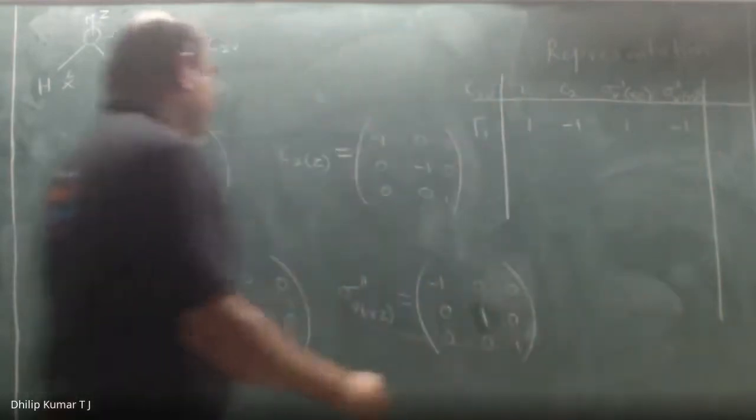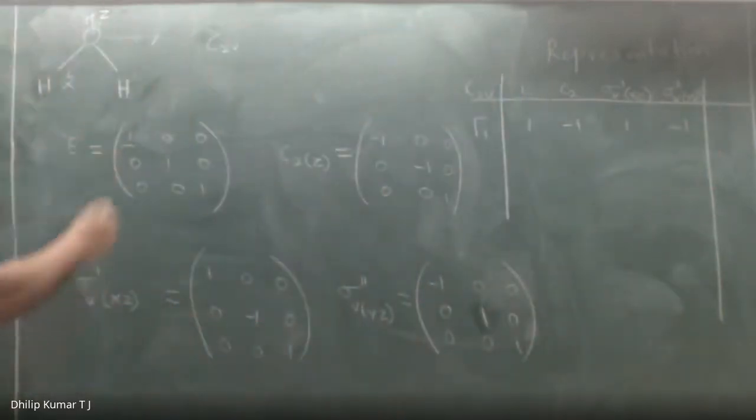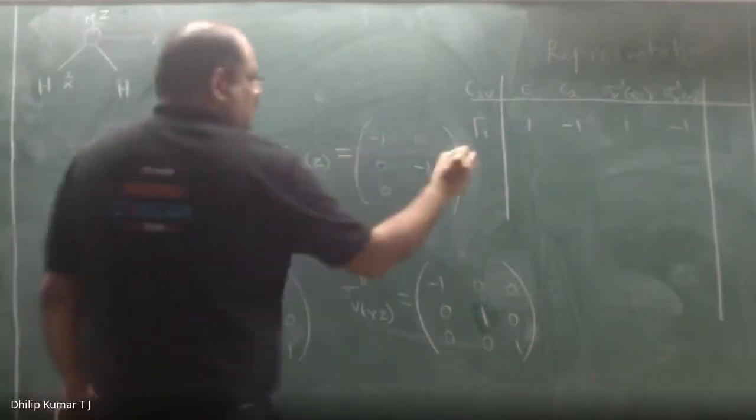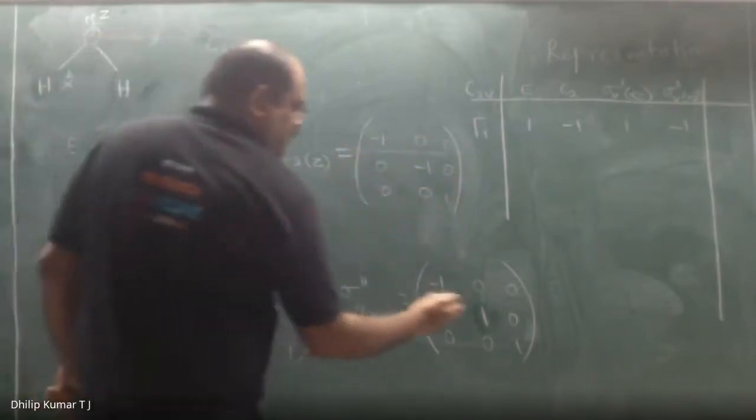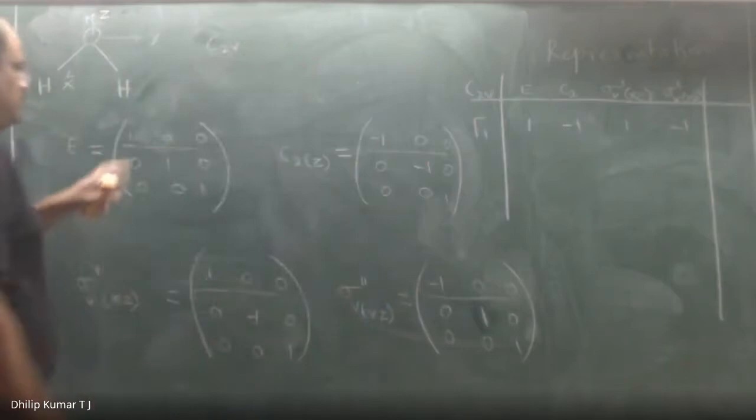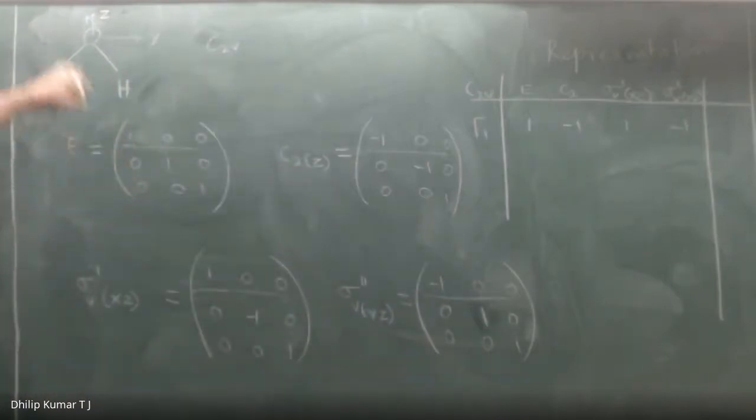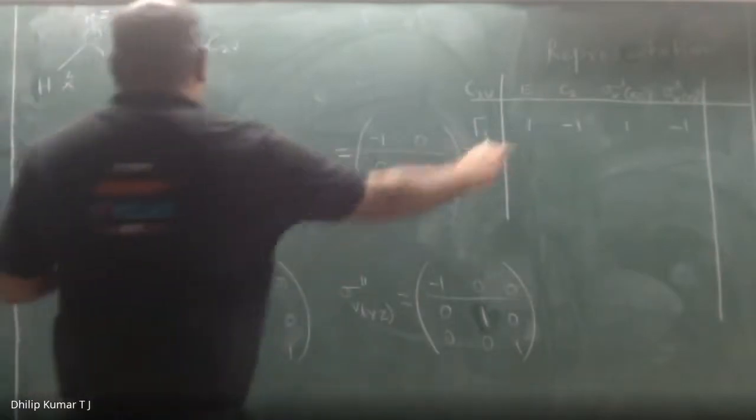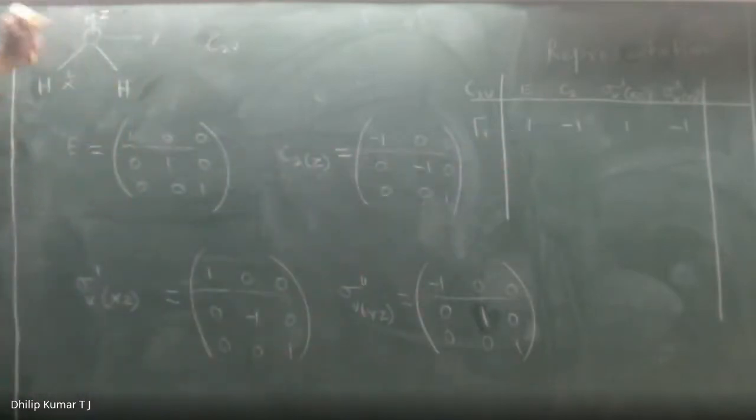So I take the x-axis. This row corresponds to x. So I write it for the various symmetry operations. If you perform E on x, it's not going to change, so it's 1. That's what we got in the matrix form. Perform C2, then it goes to -1. That's why it's -1 here.